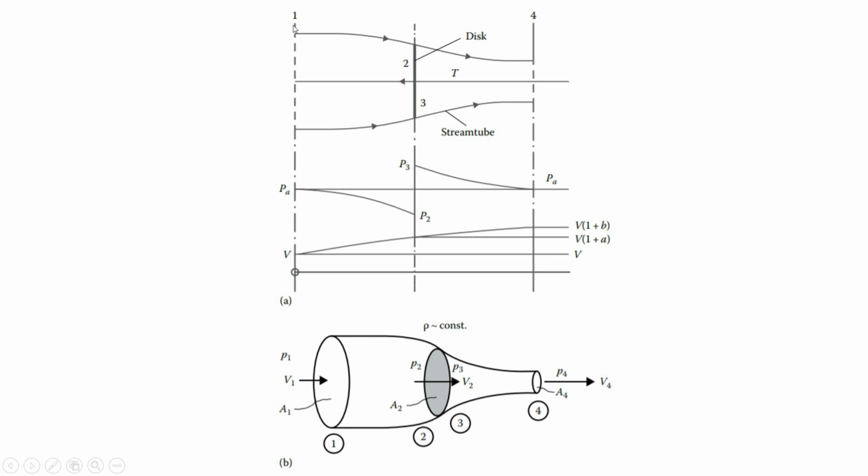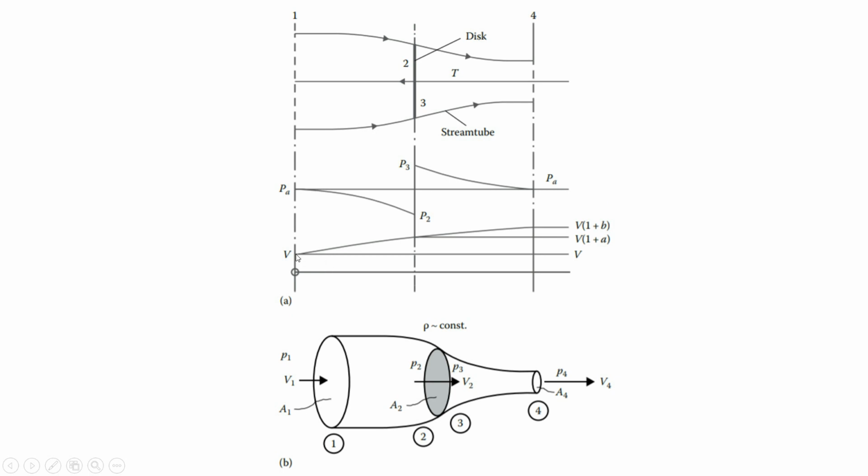So let us say you have an inlet pressure of P atmospheric, or P infinity, or P naught, however you want to take it. When it is coming towards the disc, the pressure is reduced, and then once it passes through the disc, there is a sudden step increase, and when it exits, it returns to the atmospheric pressure.